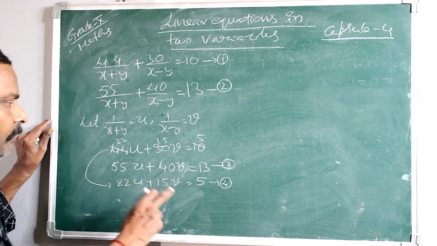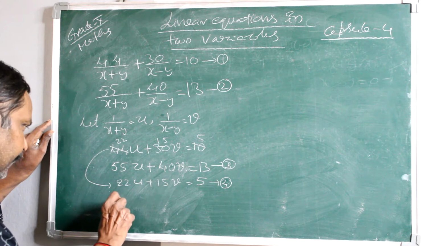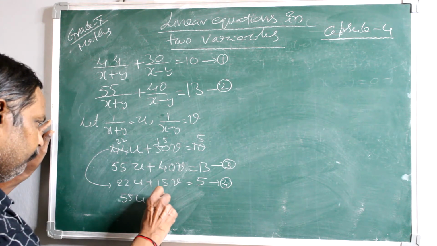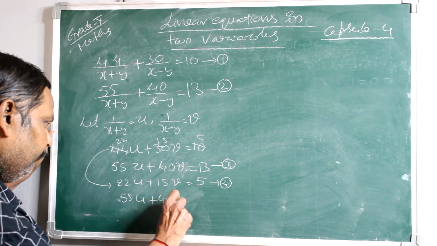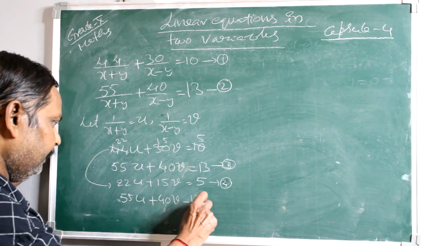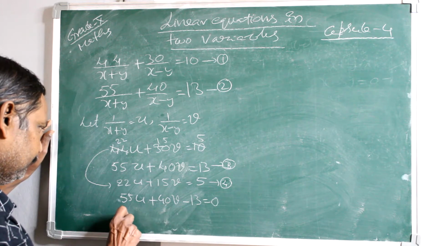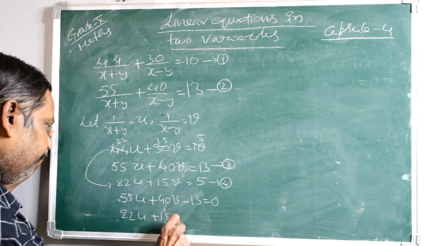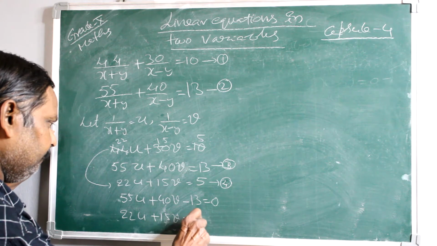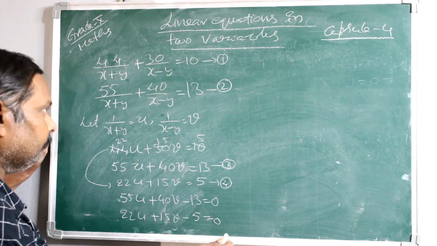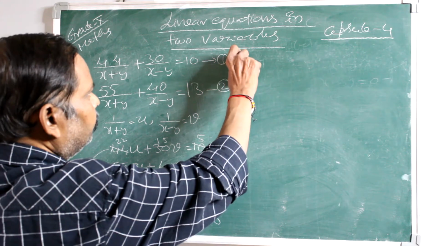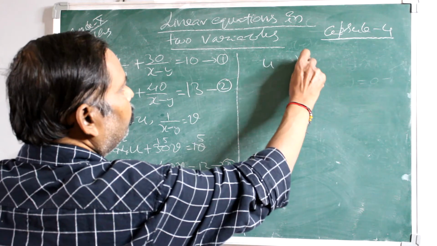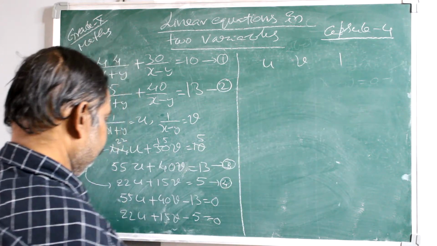Now how to solve these two? This you can write as 55u plus 40v minus 13 is equal to 0 and 22u plus 15v minus 5 is equal to 0. You can use the cross multiplication method: u, v and 1.